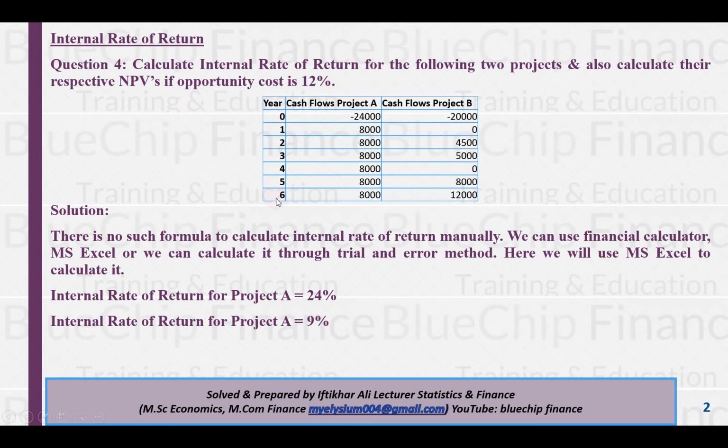So the time period is 6 years. If you choose project A, then your initial investment is $24,000, and if you choose project B, your initial investment will be $20,000. And if you choose project A, then your cash inflows as a result of investing this $24,000 will be $8,000.